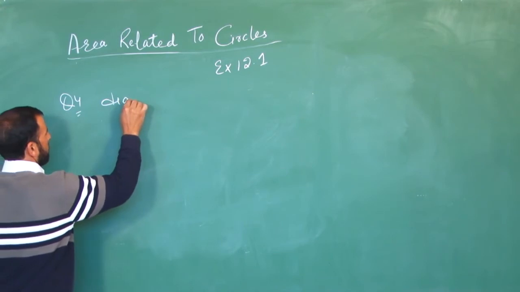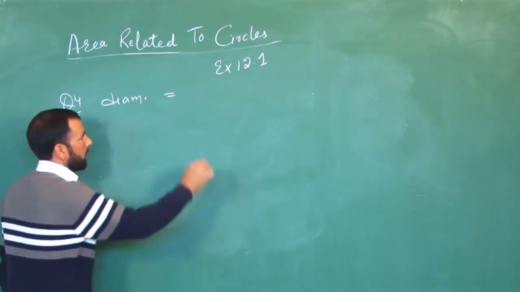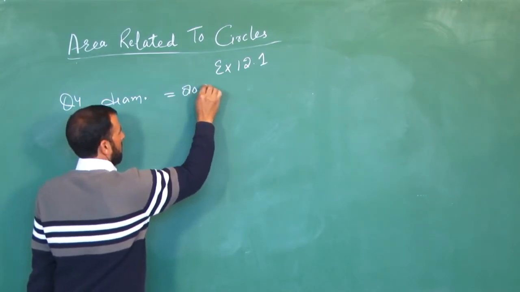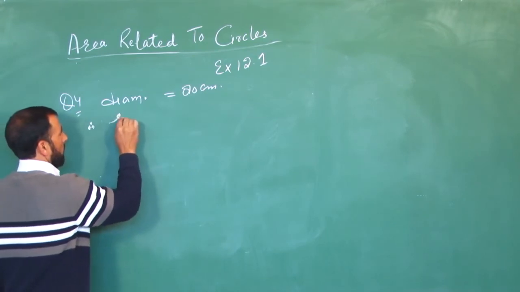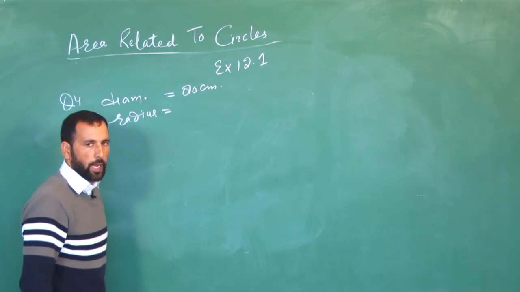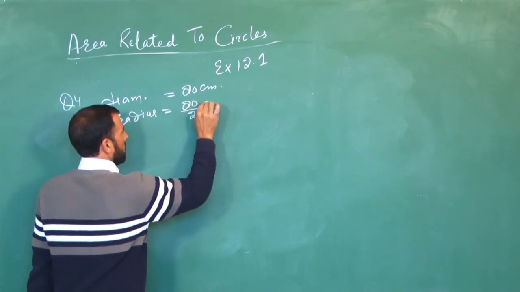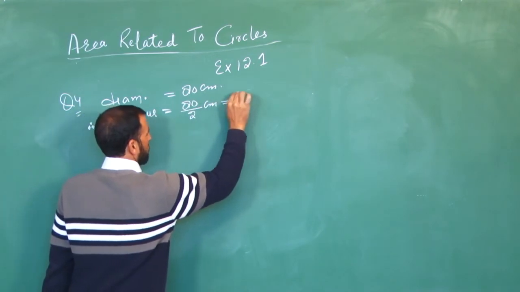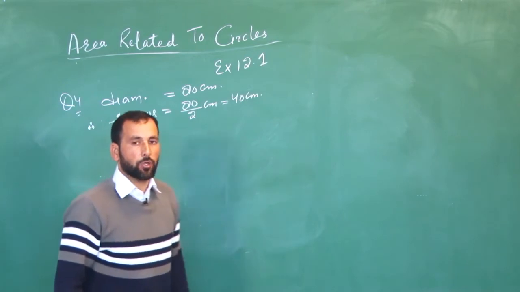If diameter is given, therefore radius is clearly half of the diameter, that is 80 divided by 2 centimeter, that equals 40 centimeter, the radius of the wheel.